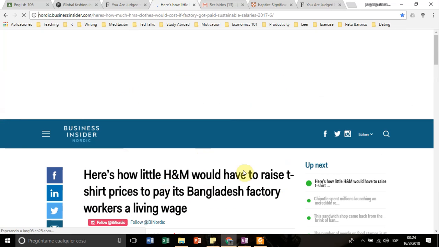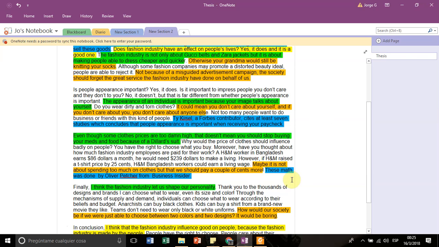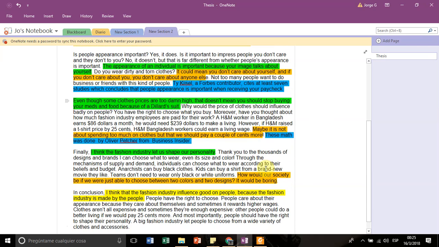Here's how little H&M, you know this store, would have to raise t-shirt prices to pay its Bangladesh factory workers a living wage. So I put that these numbers were obtained by Business Insider and the math was done by Oliver Betcher. Remember that we have to be honest with the information we got, because I didn't do this math.